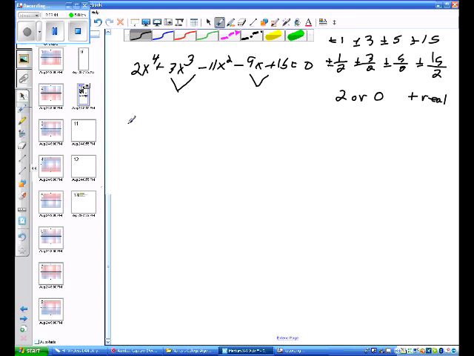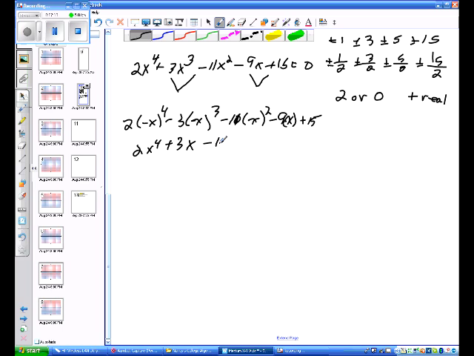If we substitute in negative x, we're going to have 2x to the fourth. That's going to be a negative x cubed times negative 3, which is a positive 3x, minus 11x squared plus 9x plus 15.